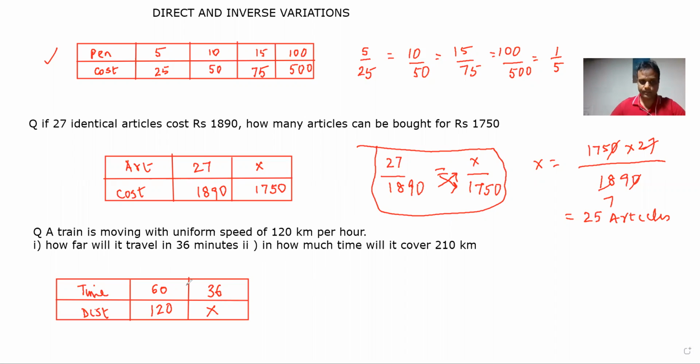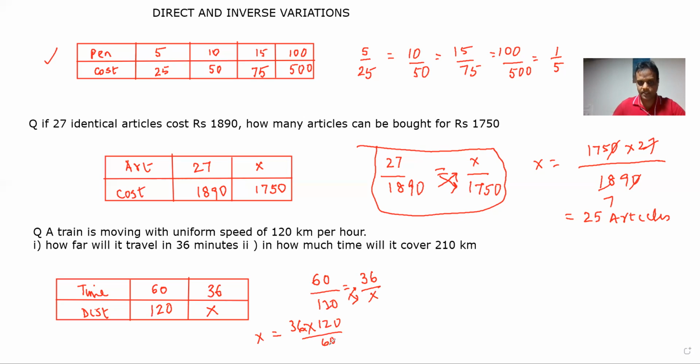Now the rule is very simple. The ratio has to be same for the direct variation. And so I'm going to write 60 upon 120 is equal to 36 upon x. Now this is very simple cross multiplication, which means that x is equal to 36 into 120 upon 60.